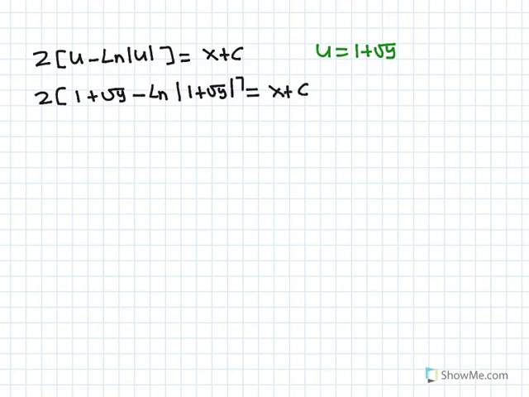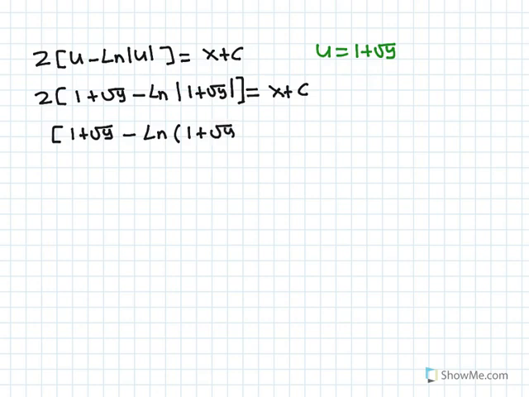Now let's divide by 2, and we get 1 plus root y minus log of 1 plus root y. We don't need the absolute value because root y is a positive quantity, so 1 plus root y is positive.